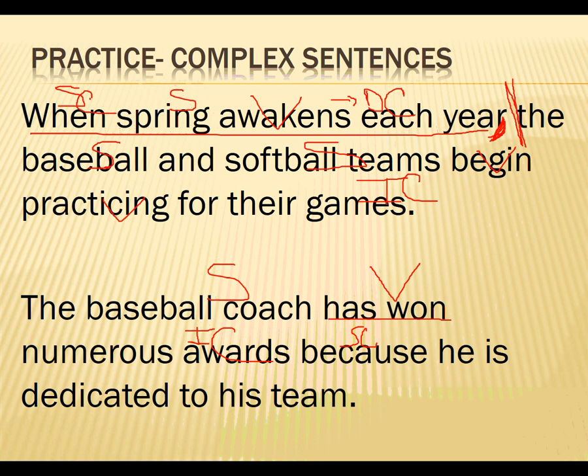I know the dependent clause always follows the subordinate conjunction. To make sure, I see a subject, he. I see a verb phrase, is dedicated, followed with the phrase to his team. Thus, the second clause is indeed the dependent clause. Since the independent clause comes first, though, no punctuation is needed.